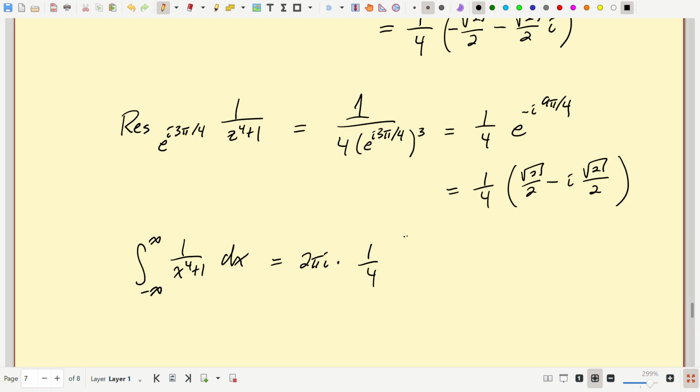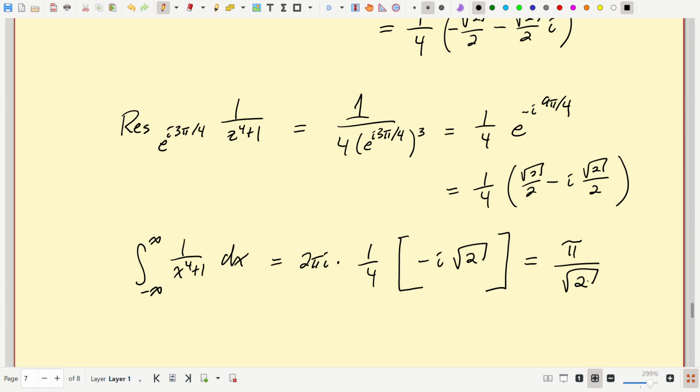When you add those two things up, the real parts cancel, and I'm left with minus i times 2 times the square root of 2 over 2. And that simplifies to the real number you expect. It's got to be a real number. Something like that.